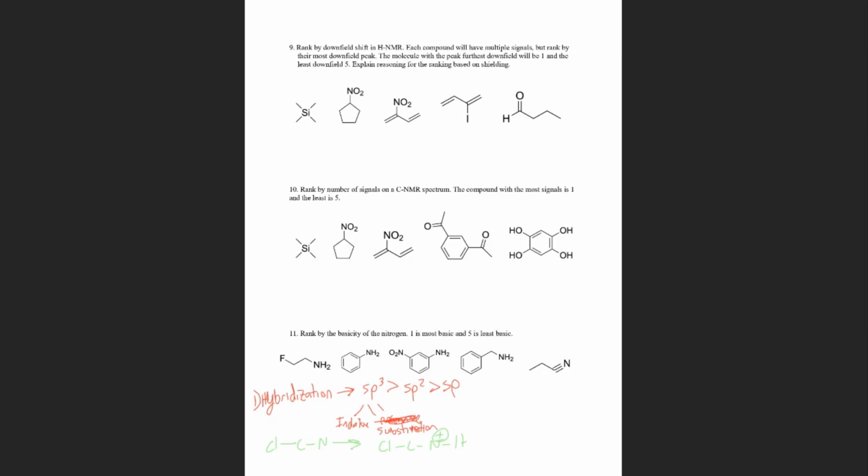This chlorine would pull electron density toward it, thereby making this positive charge unstable. Conversely, electron donating groups should help basicity. But again, only to a certain point, because if you compare like substitution, there's a weird trend. But that doesn't really come into here.